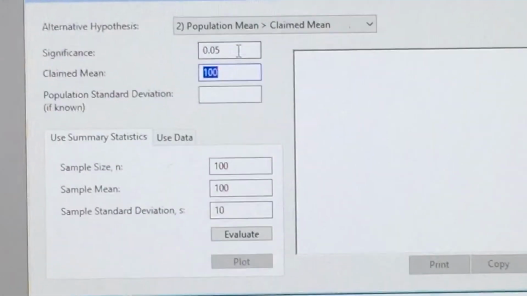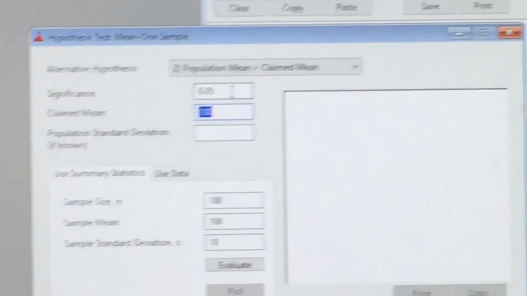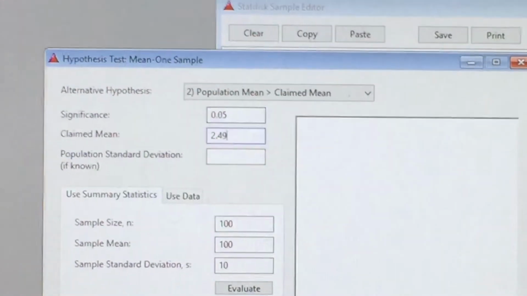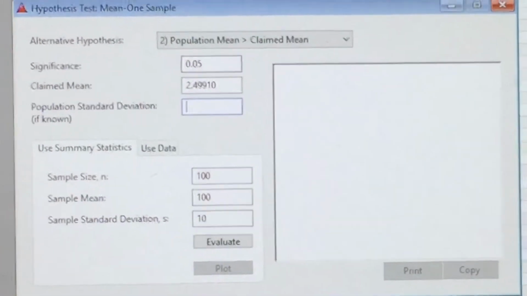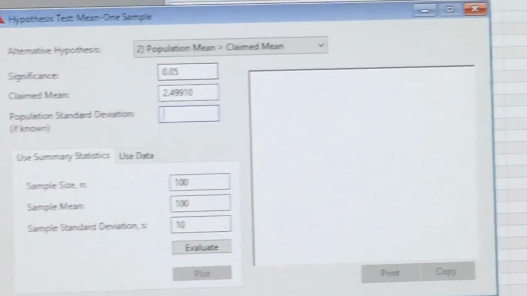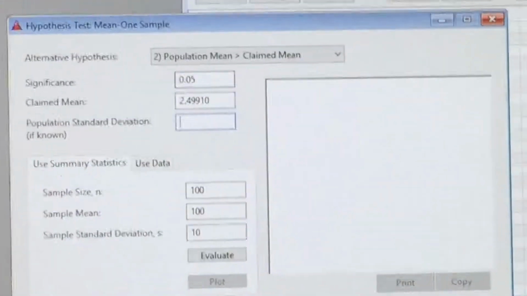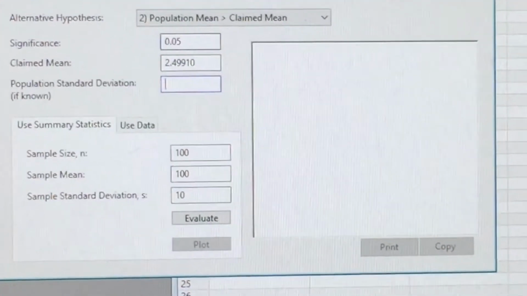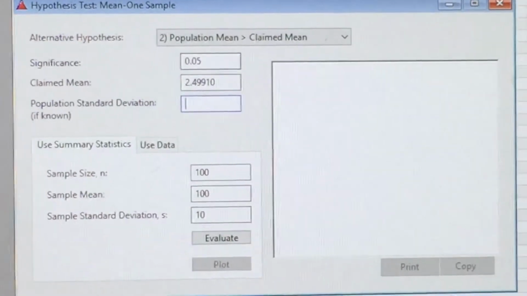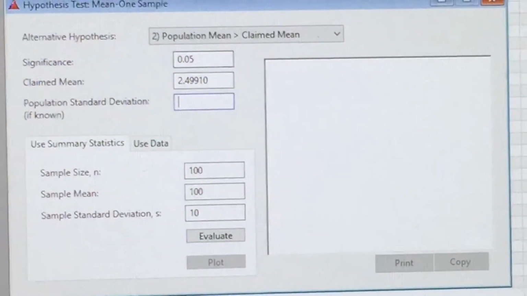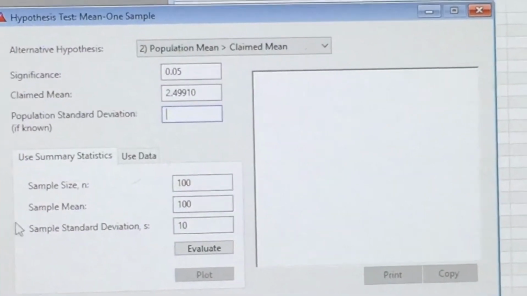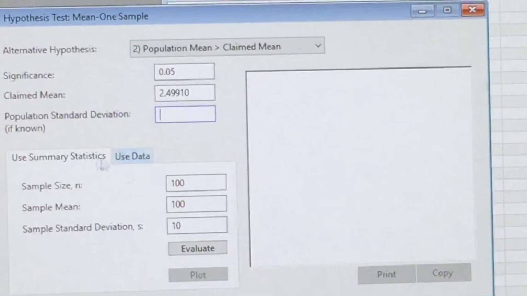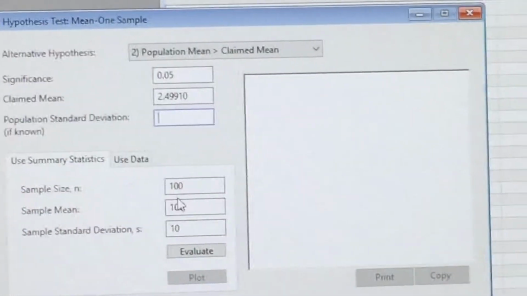Has a mean weight of 2.49910 grams, so we're going to type in 2.49910 and then go down to population standard deviation, if known. That's never going to be known, so we always leave that box blank. You're never going to know what the population standard deviation is. Now, it does give you a choice of using summary statistics or use the data. We're using summary statistics in this problem.